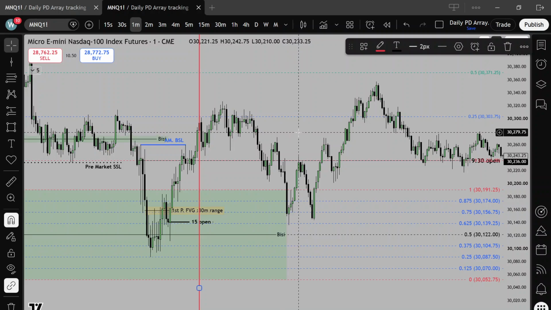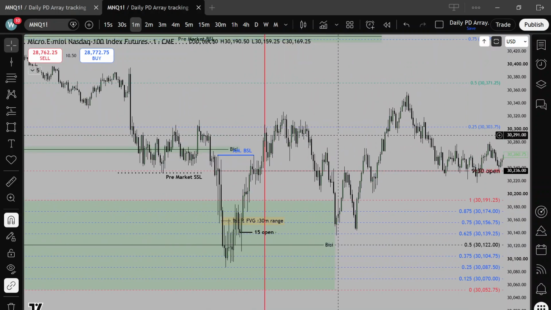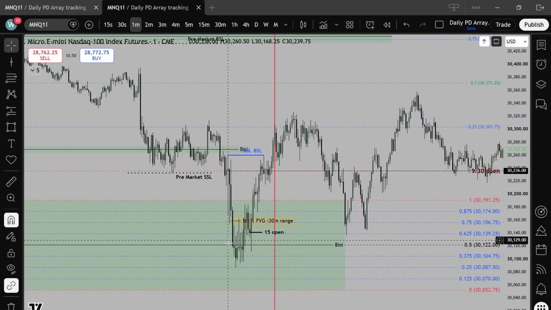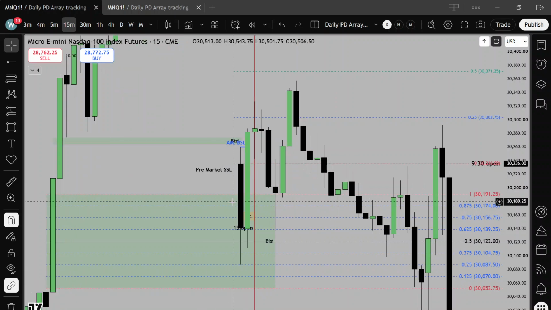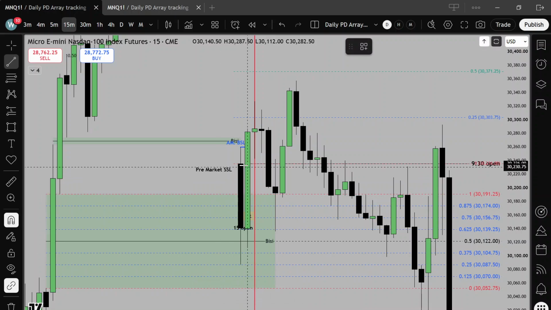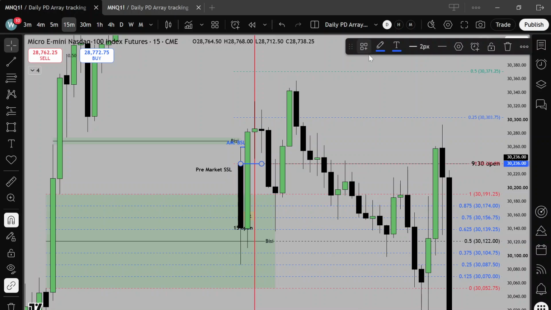There's our 10 o'clock. So what we've done is we've opened and traded down into a higher time frame inefficiency, failed to get to the consequent encroachment of it, 1 minute change in the state of delivery. If we go back to the 15-minute, now that we're at 10 a.m., we see that right here at 9:30, we have a 15-minute change in the state of delivery.